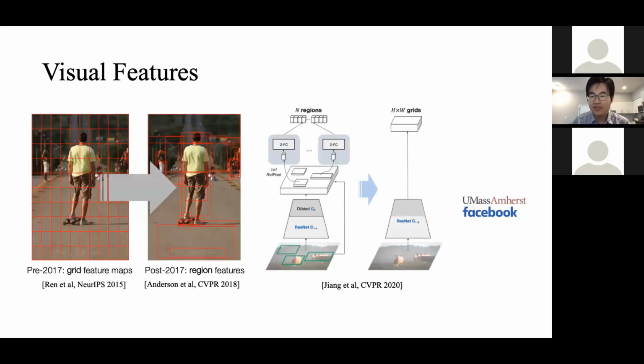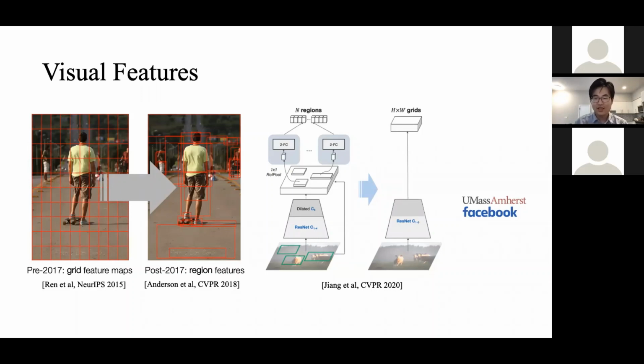One thing I want to mention here is the visual features. There could be several ways to convert the input image into a sequence. Before 2017, people were used to using grid-level features. Slightly before 2018, Peter Anderson told us the regional features could work much better than grid-level features, and he demonstrated the performance with the VQA Challenge winner and state-of-the-art image captioning performance.